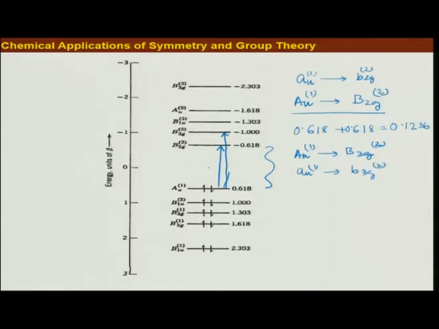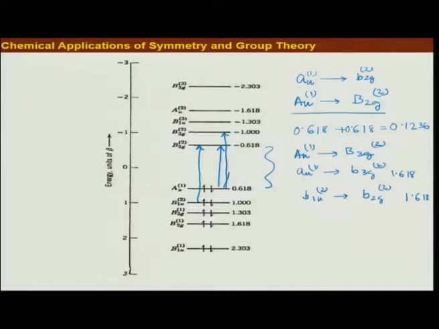So this transition will have an energy of 1.618, and I can think of another transition from b1u to b2g. If I write b1u to b2g, that will also have an energy of 1.618.